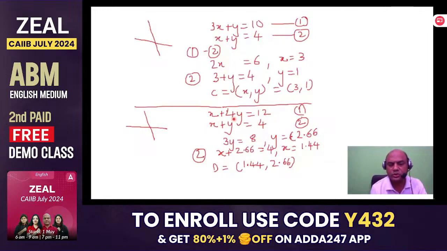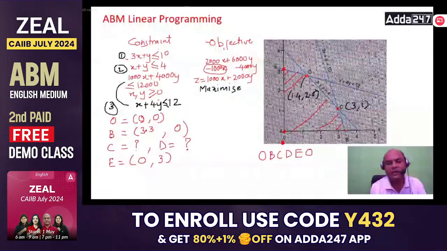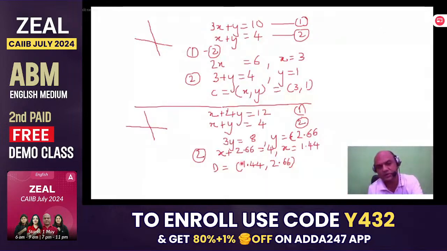So x plus 2.66 equals to 4. Take 2.66 on the other side, x equals to 1.44. So D is x comma y, 1.44 comma 2.66. This is the D point.